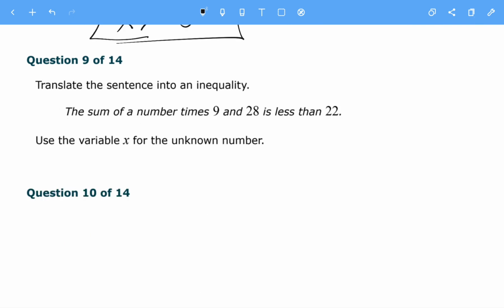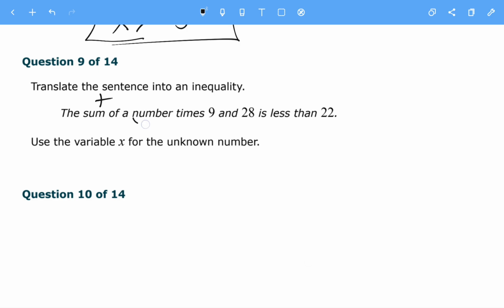Question 9. The sum of a number. The sum means plus. The sum of a number times 9. We're using x for our variable, so this means 9x, and 28 is less than 22.